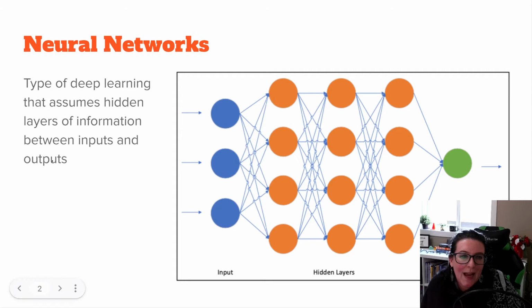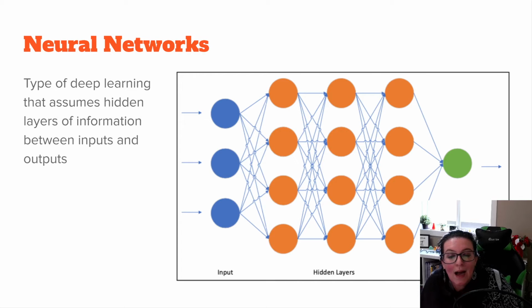Neural networks are a type of deep learning that assumes some hidden layers of information between inputs and outputs. That output could be identifying an image, saying this is a cat or a dog. It could be predicting what an Apple stock price would be. It could be identifying sentiment as a positive or negative review.